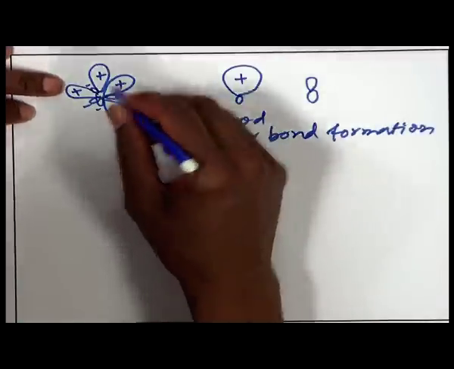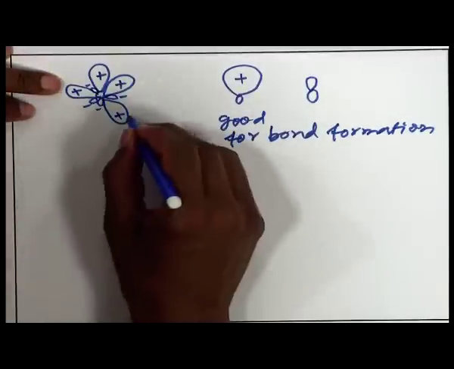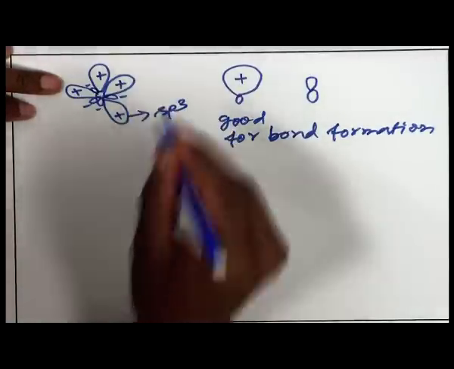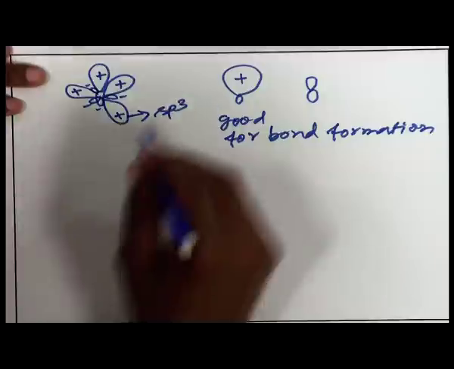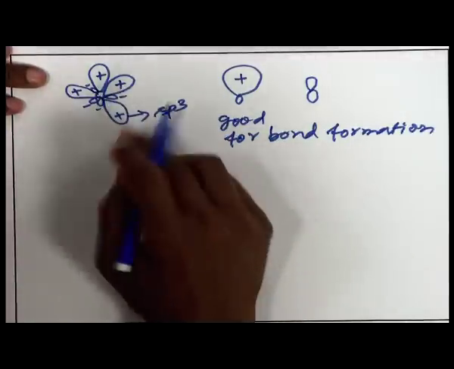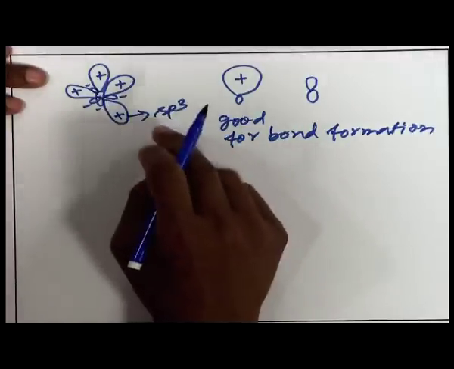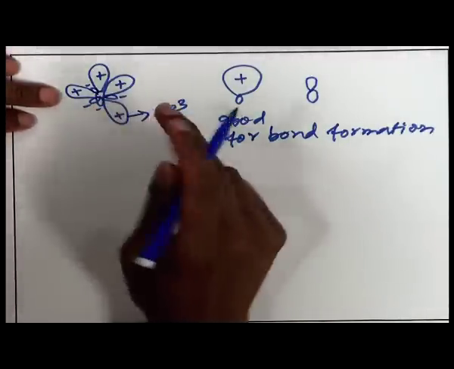So, once after formation, these are the sp3 hybridized orbitals. There are 4 atomic orbitals combined to give 4 hybridized orbitals, and they have equal energy.